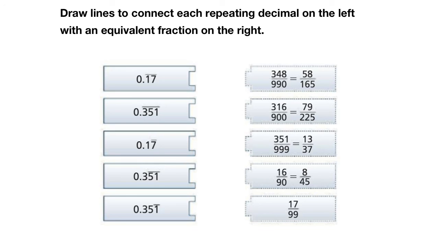I'm going to use the fraction into a decimal, and I'm just going to divide. 58 divided by 165 is going to match our top right to the fourth one down. 79 divided by 225 is going to match to 0.35 with a repeated 1. 13 over 37 is equivalent to 0.351 repeated. 8 over 45 is equivalent to 0.1 with a repeated 7.